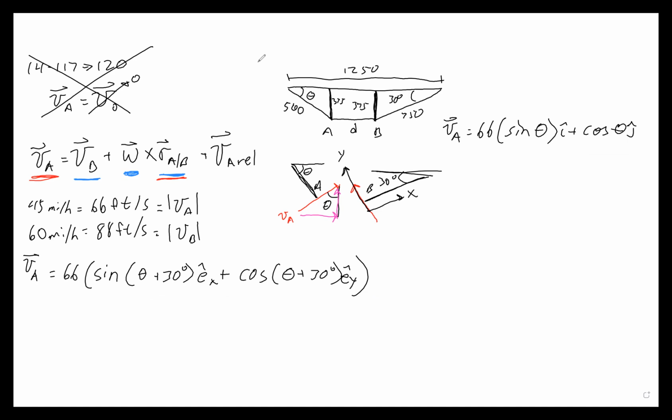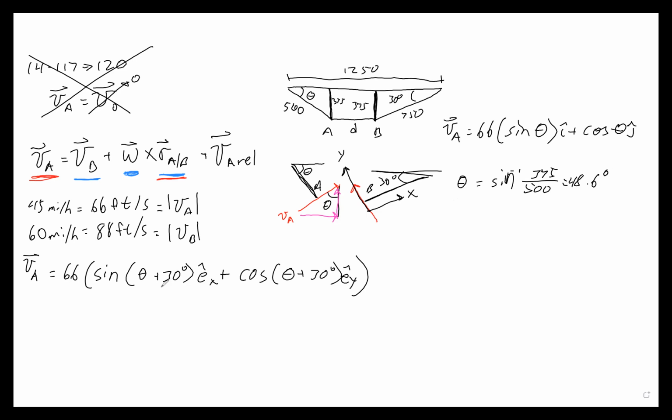So these values can be calculated though, because we can actually find theta. So theta is just going to be the inverse sine of 375 over 500 because of this triangle right here. So theta is equal to the arcsine of 375 divided by 500, which is equal to 48.6 degrees.